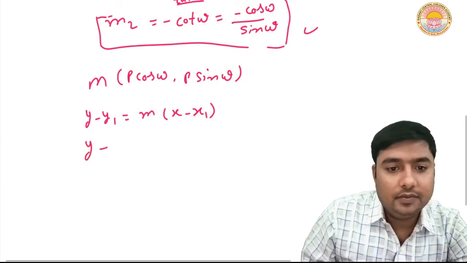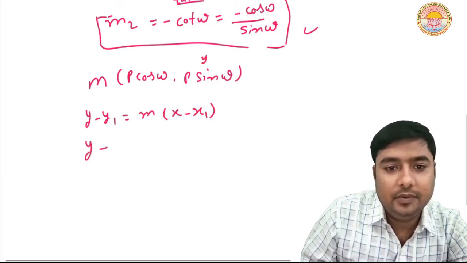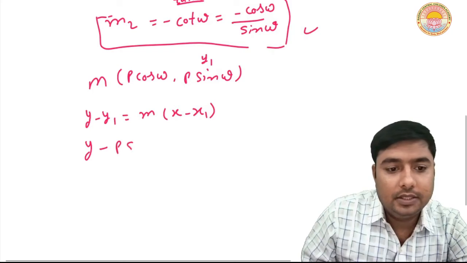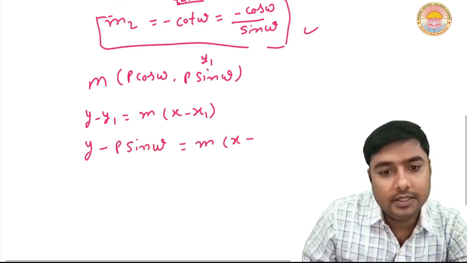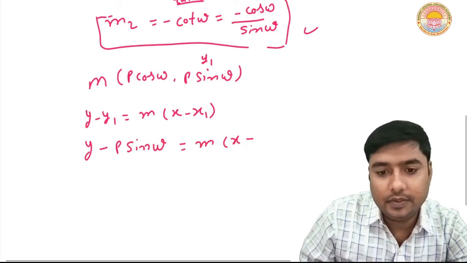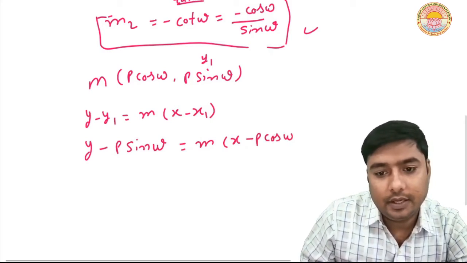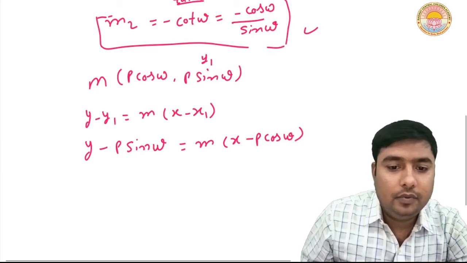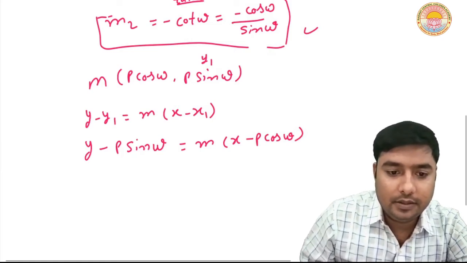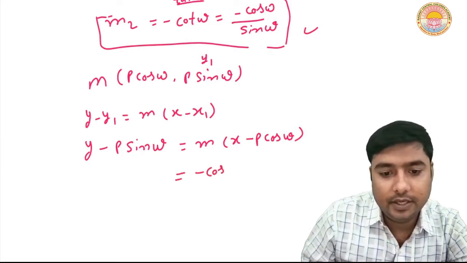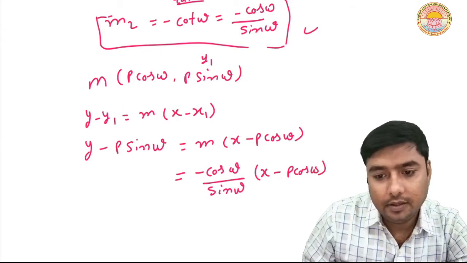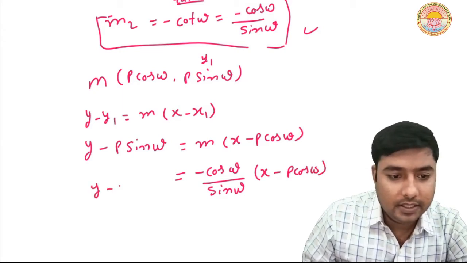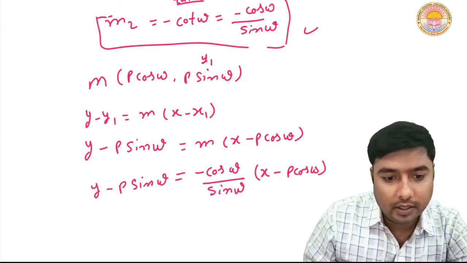Here y1 is P sin omega and x1 is P cos omega. Now we put the value of m, which is minus cos omega upon sin omega: y minus P sin omega equals minus cos omega upon sin omega times (x minus P cos omega).